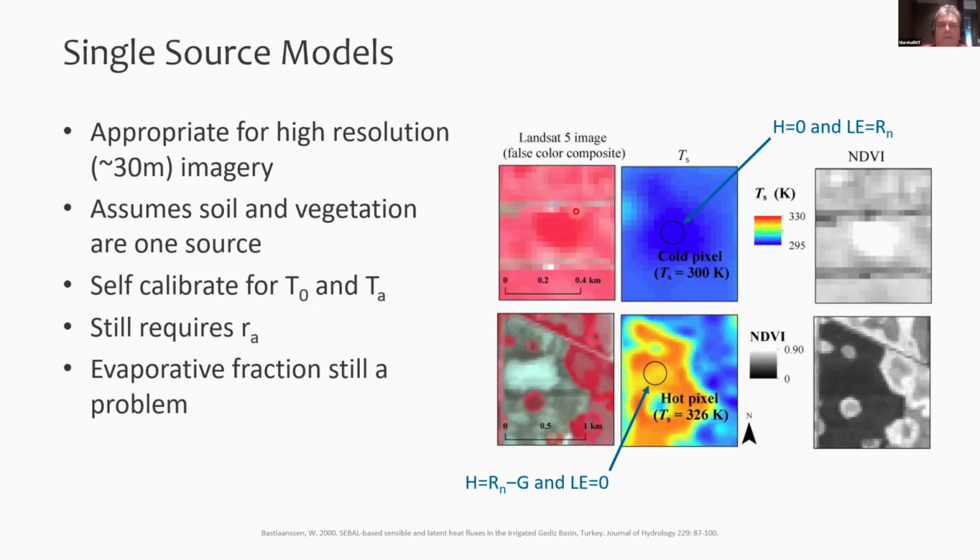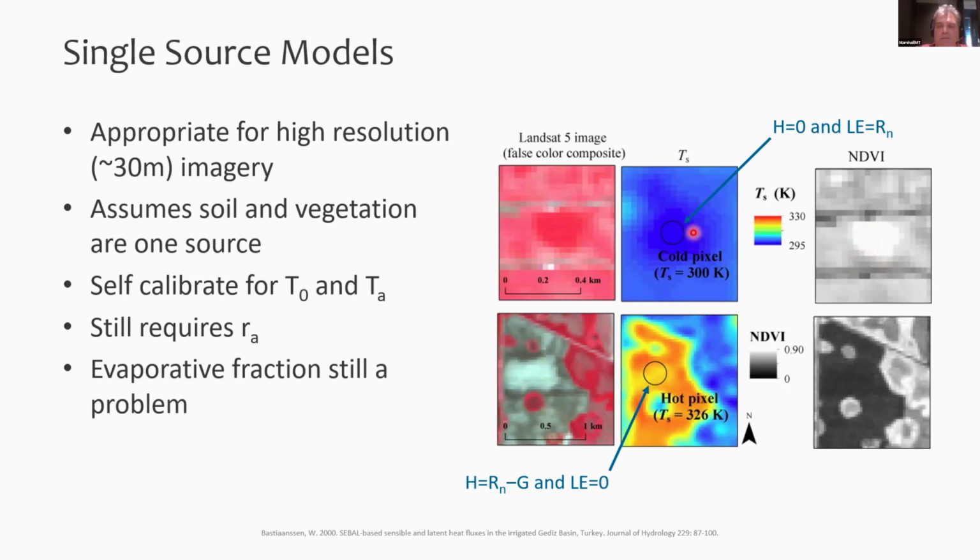And so we see here this Landsat false color composite. The red blob here could be a forest or some other dense vegetation. And so it appears red because it has a high NDVI due to chlorophyll absorption in the red and near-infrared radiation scatter due to the structure of the canopy.